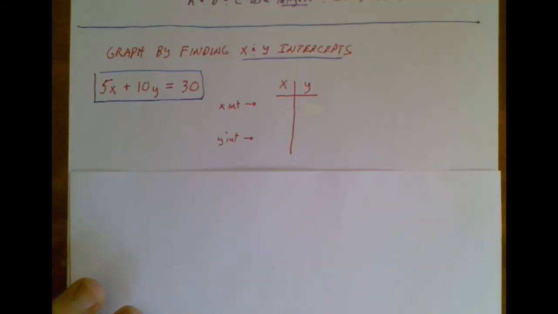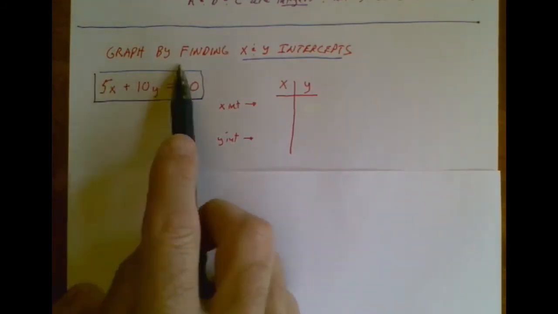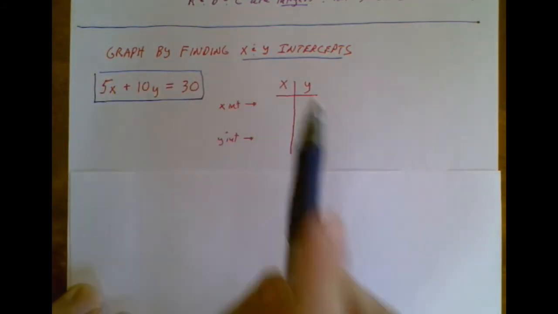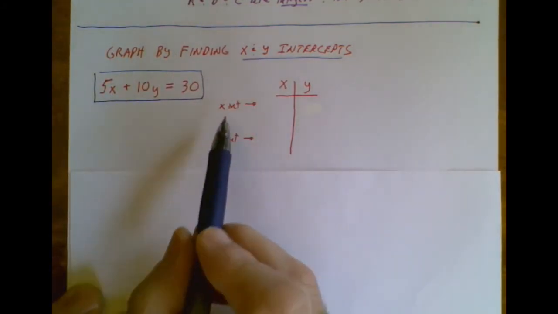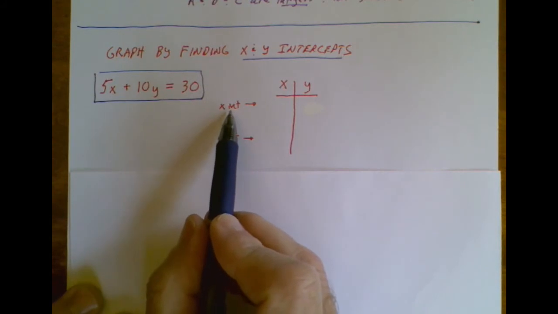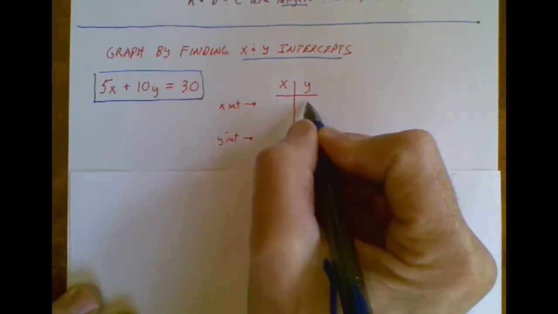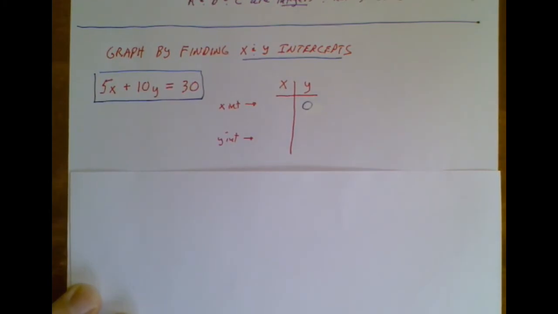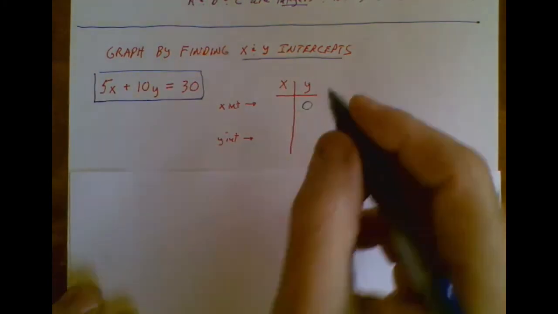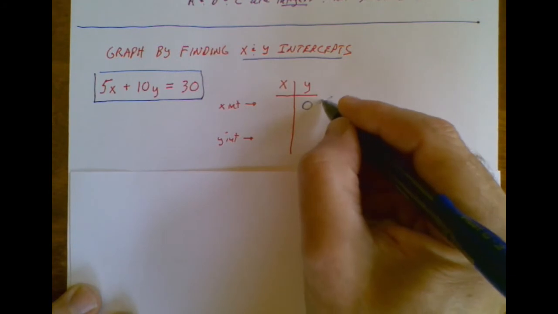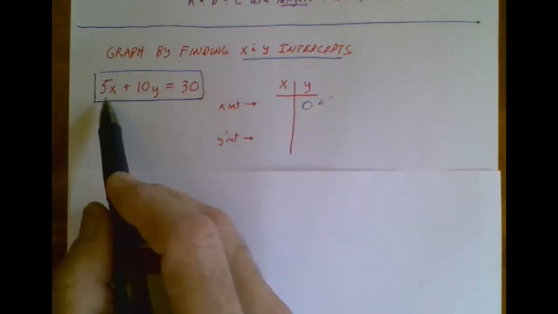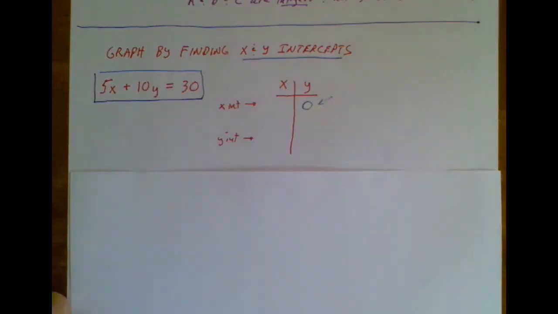So why was I talking about all that stuff? Here's why. We're trying to find a graph of this standard equation by finding the x and the y intercepts. And if I know the statement that every x-intercept in the entire world has a y value of 0, on this very primitive t-chart, I put a y equals 0 right there. Now I can use that y equals 0 to plug into my equation.